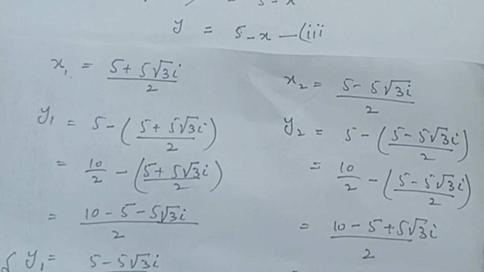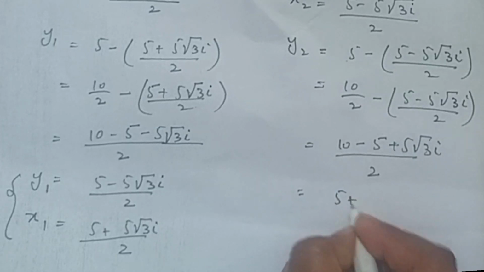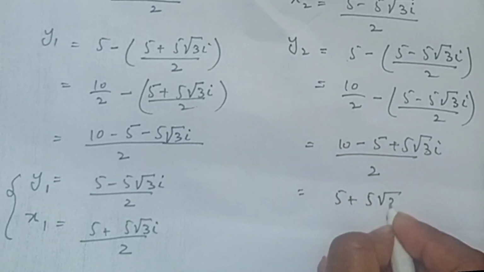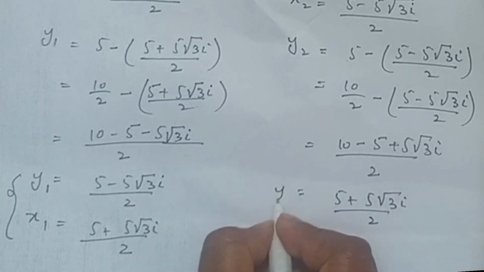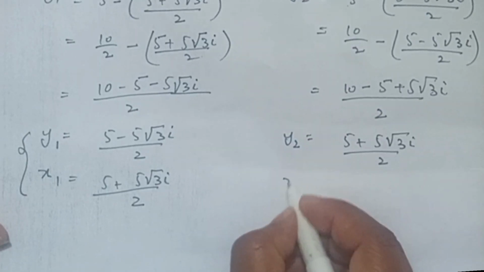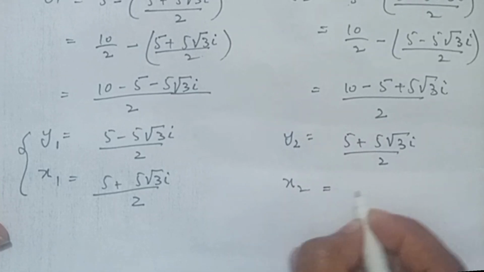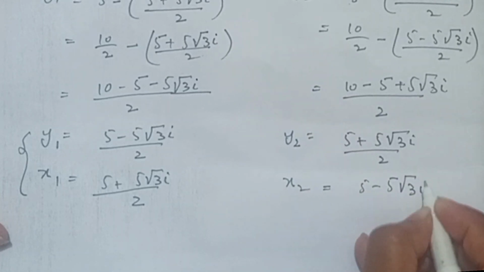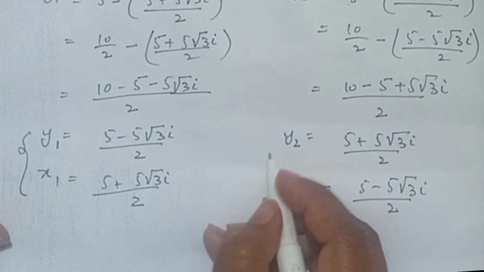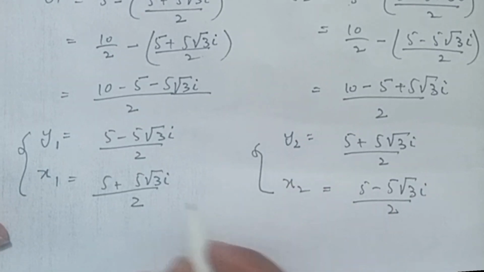Now 10 minus 5 is 5, so we have 5 plus 5 times square root 3 iota over 2. This is the value of y2. In this case, x2 is equal to 5 minus 5 times square root 3 iota over 2. This is the value of y2 and x2. These are the possible answers in our question, and we have done.